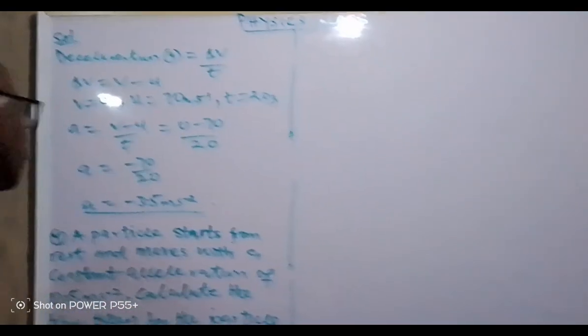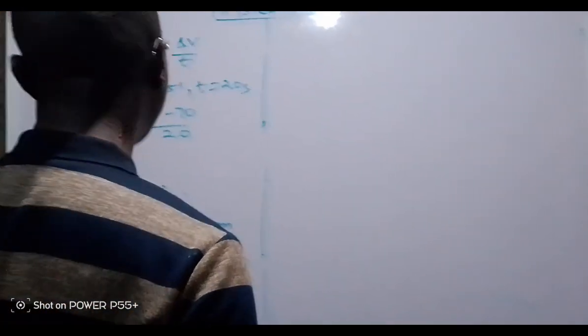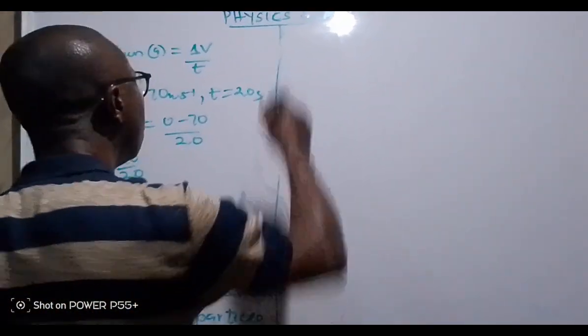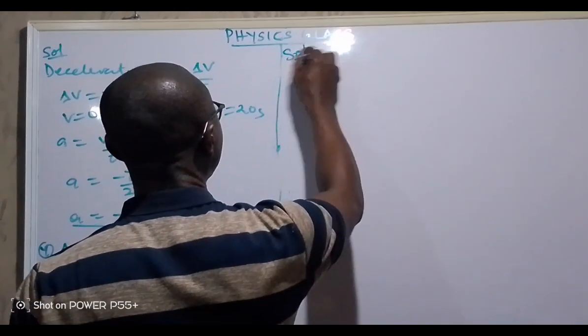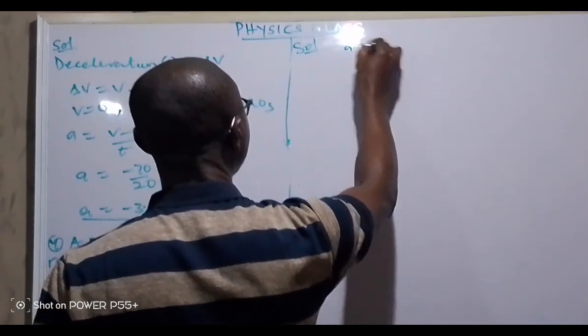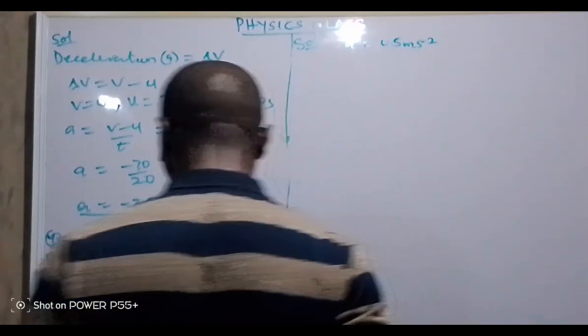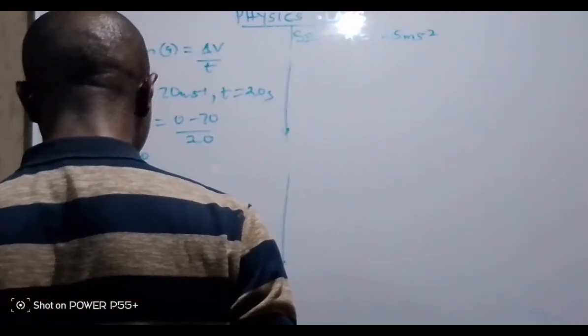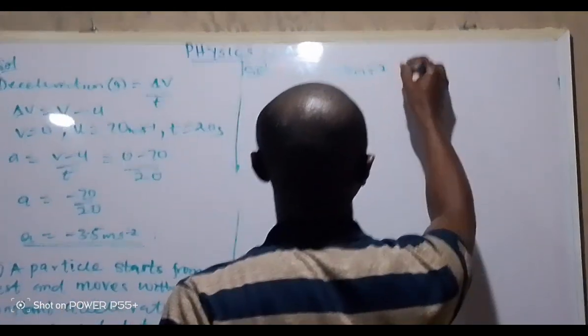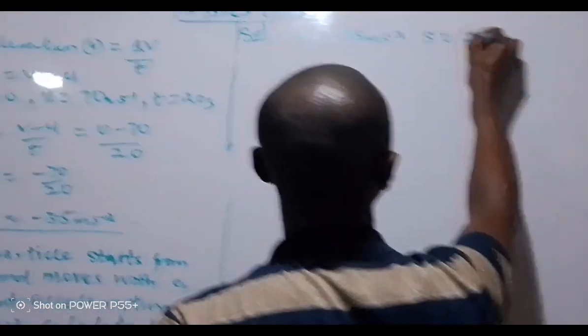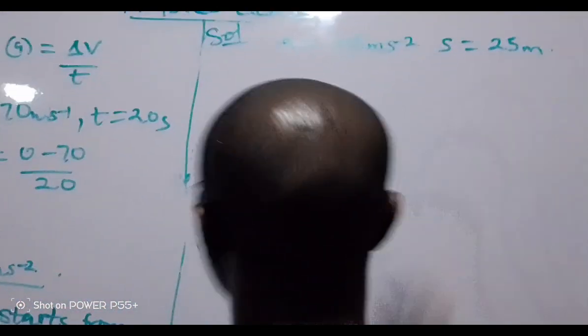Here, let's first write out the parameters given in this question. A is given as 0.5 meters per second squared. Again, the distance covered S is given as 25 meters. Then we have to calculate time.